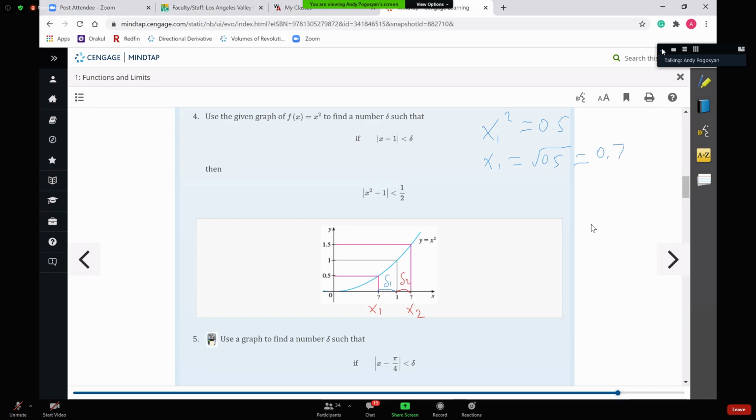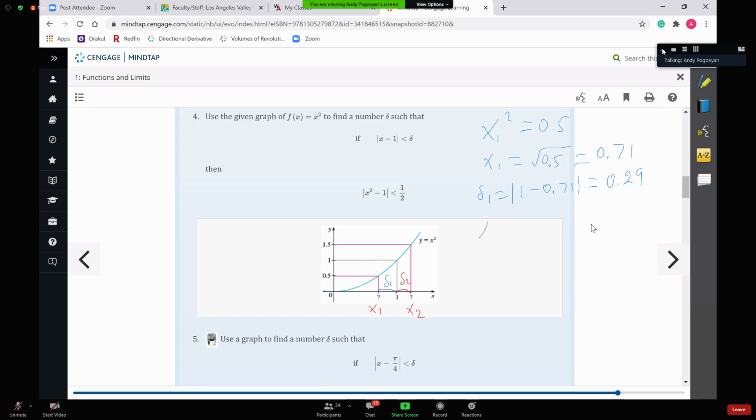It's almost 0.7, so let's use 0.71, for example. Now, delta 1 is the distance between 1 and 0.71, so 1 minus 0.71 is 0.29.